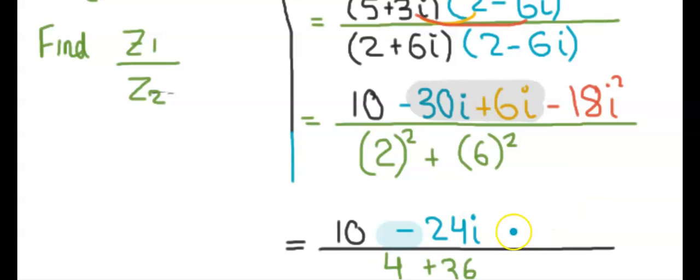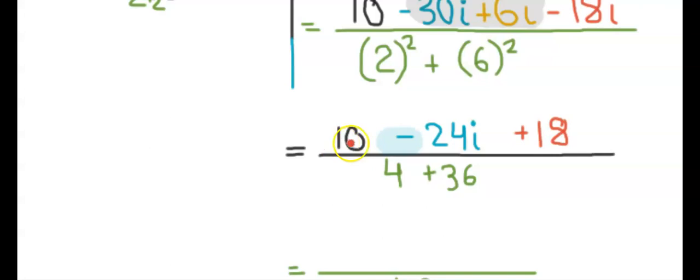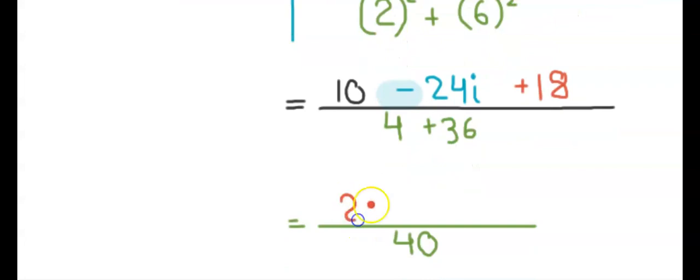And for some reason, this red minus 18, I'm just going to make it plus 18. And you all know the reason, because i squared disappeared, change the sign. Now you can see the black 10 and a red 18. 10 plus 18 is 28. Minus 24i.